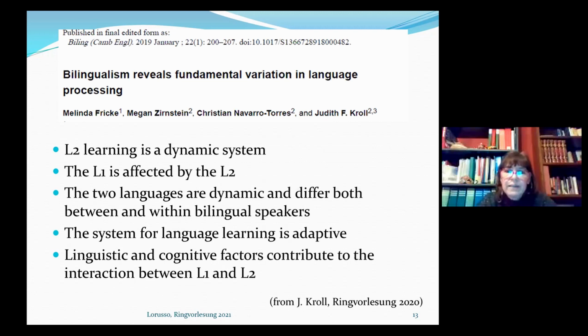The two languages are dynamically interacting, and they differ both between and within bilingual speakers.